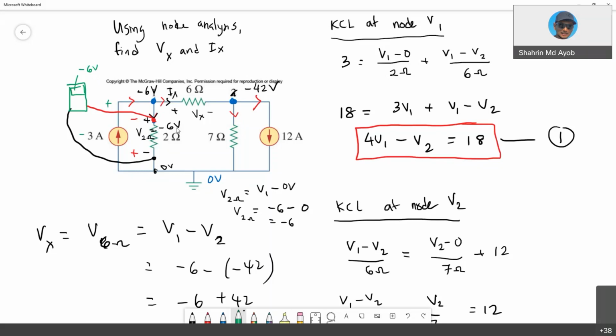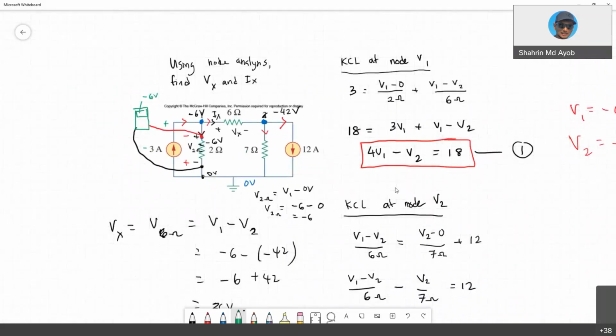The polarity is reversed, but it doesn't affect the operation of the circuit. The circuit operates like that, so you just follow how the circuit operates.